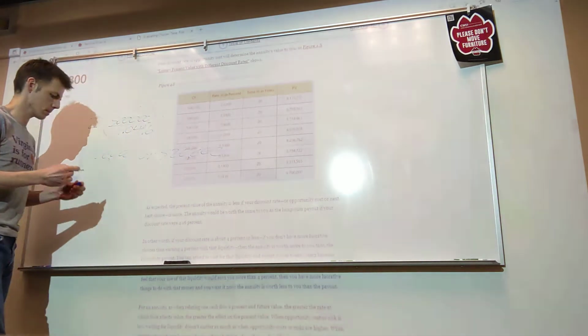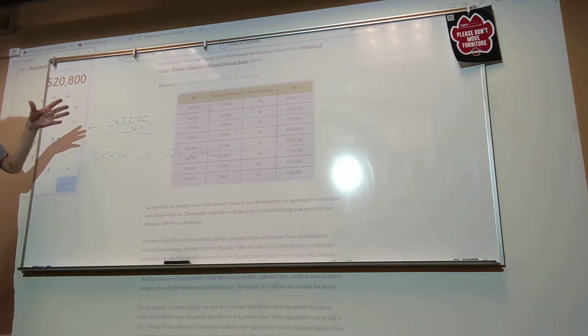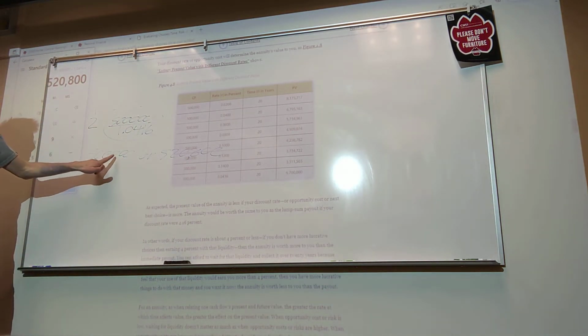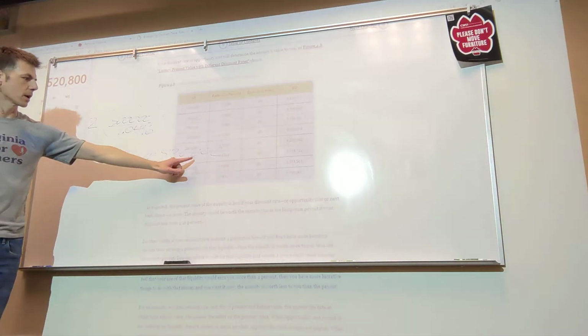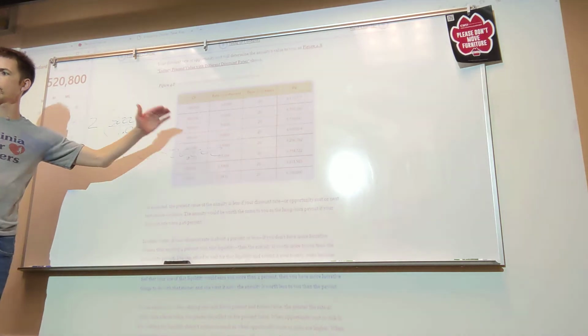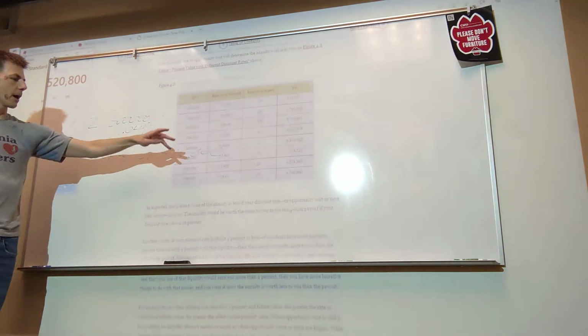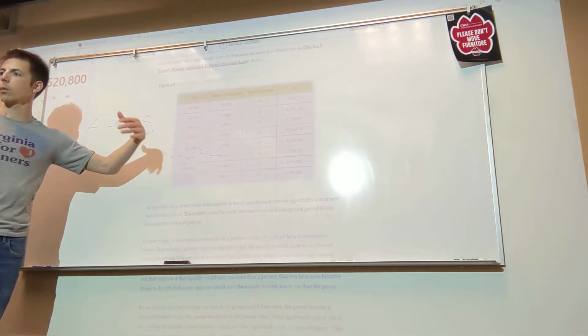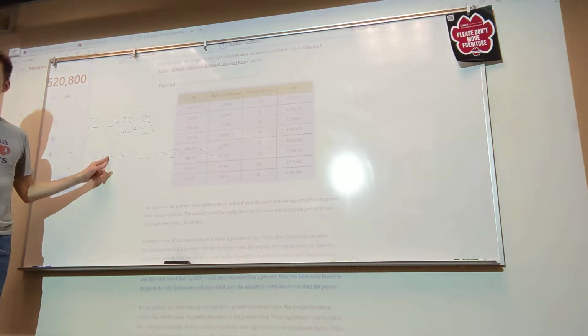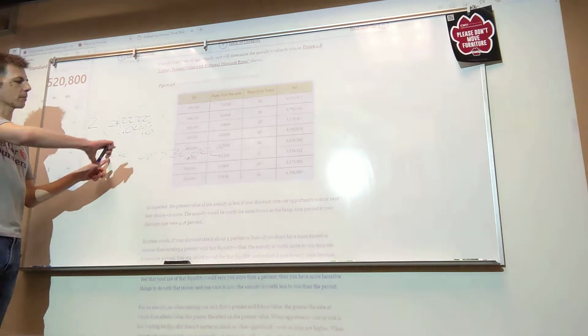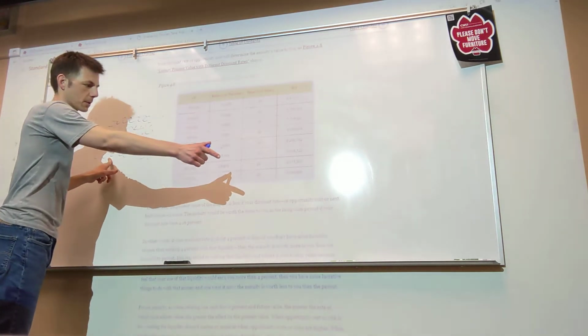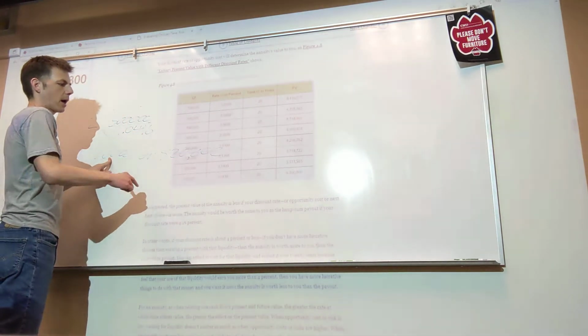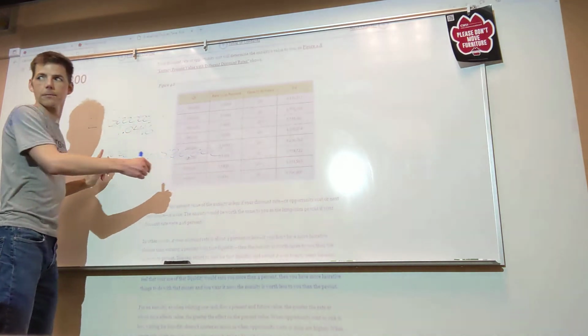So what this is saying is I am indifferent between a $500,000 payment today or $520,800 a year from now. If you offer me less than $520,800 1 year from now, I'm going to take the present payment. But if you offer me $521,000 a year from now, I would take the future payment.